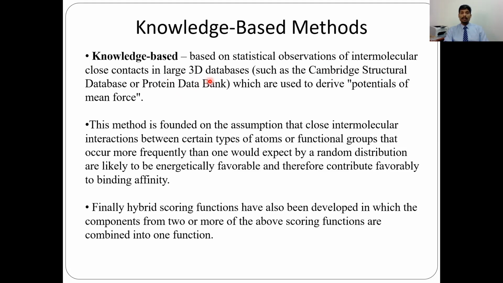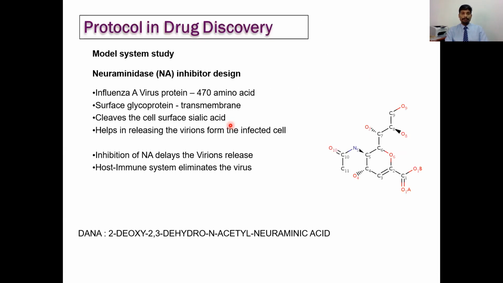So we have a 3D database of ligand and protein interactions. Based on which kinds of interactions are better for ligand binding, those interactions are taken into consideration and then given a score. That is the knowledge-based one.